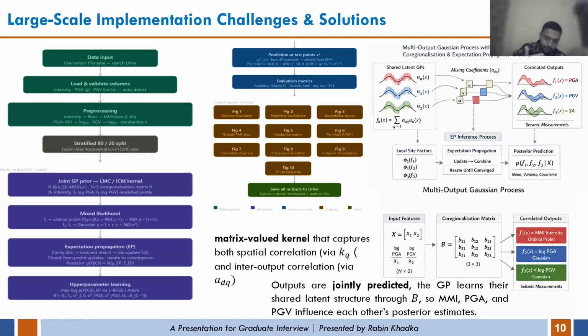So what I'm trying to develop in the next phase is taking MMI, PGA, PGV as a set of inputs and finding the correlation between them through the mixing coefficient approach, or some sort that we'll define or find out in the process. But it is for sure that MMI, PGA, PGV are correlated with themselves, because their source is the same and the site that measures and that got affected is similar, so they are correlated.